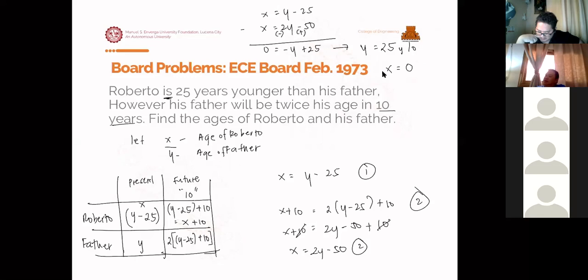Ibig sabihin, zero age. Sa choices wala eh. Walang 15 and 40, sir, sa choices. Merong 15 and 40. Bigla akong naguluhan. Wait lang ho ulit ha. Analyze ko lang yung problem.